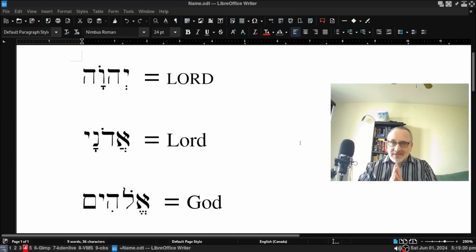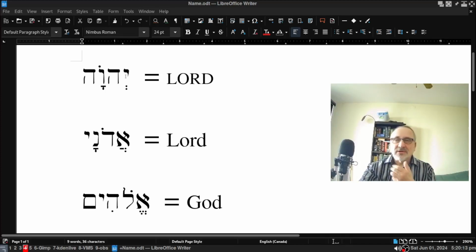They were added in to help readers pronounce the words. But like I said, in the manuscripts, these are not there. And if you live in Israel and you pick up an Israeli newspaper or a book, they don't have these vowels or these dots and markings in there. Like I said, these were added in.